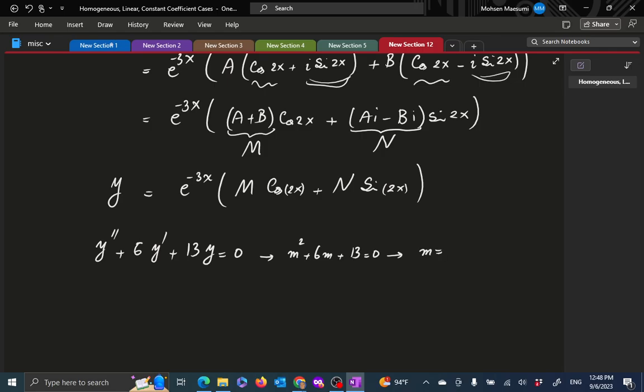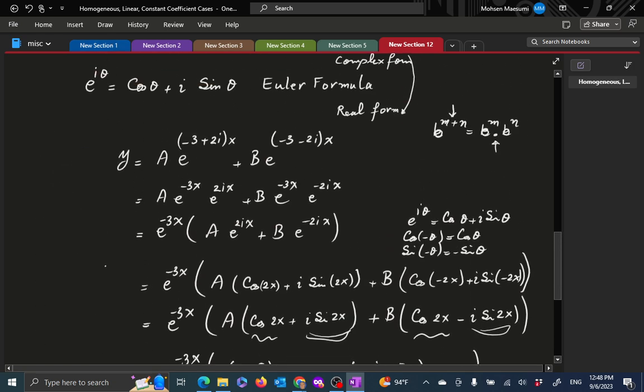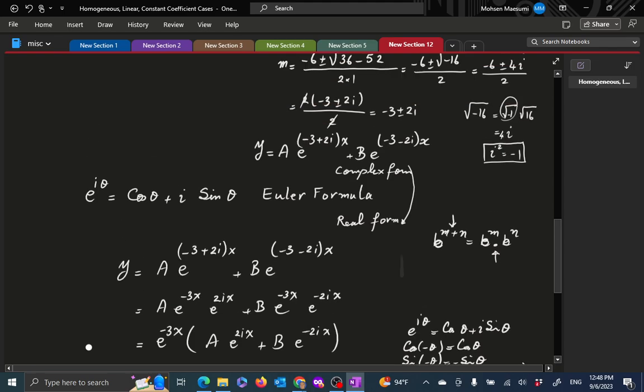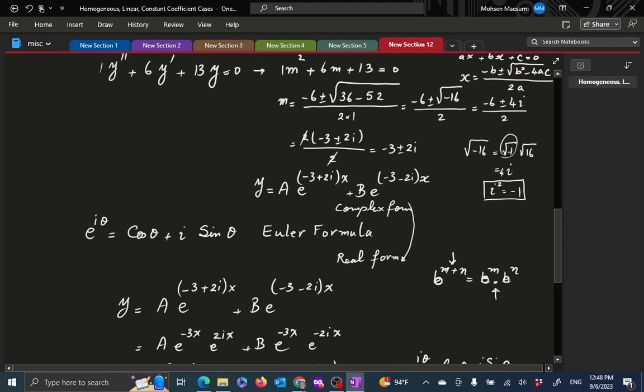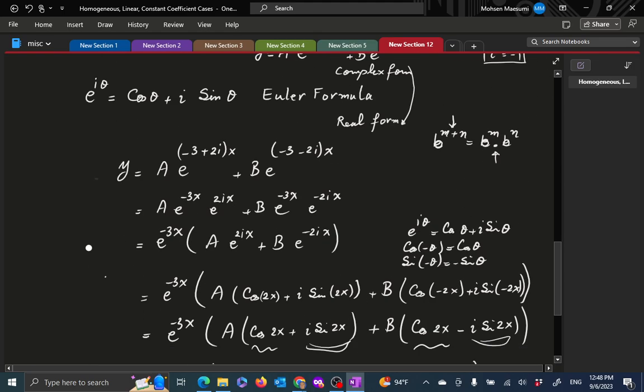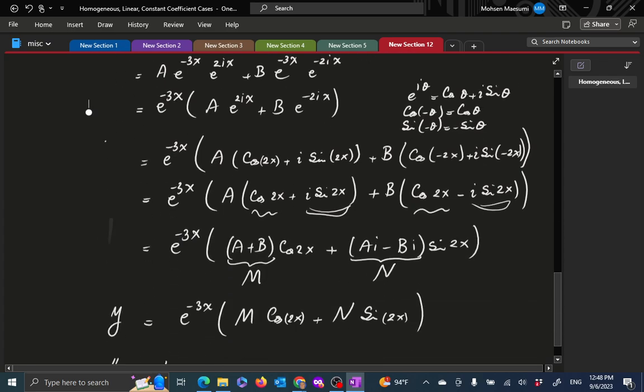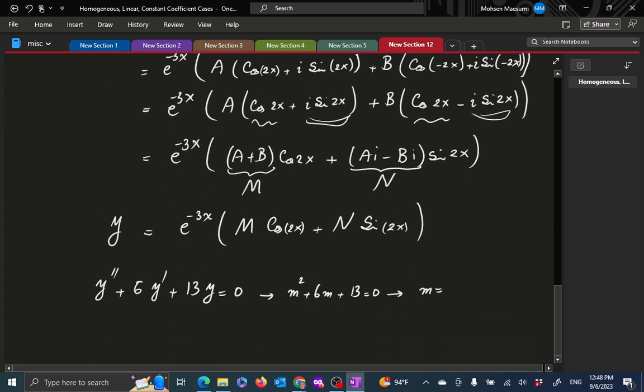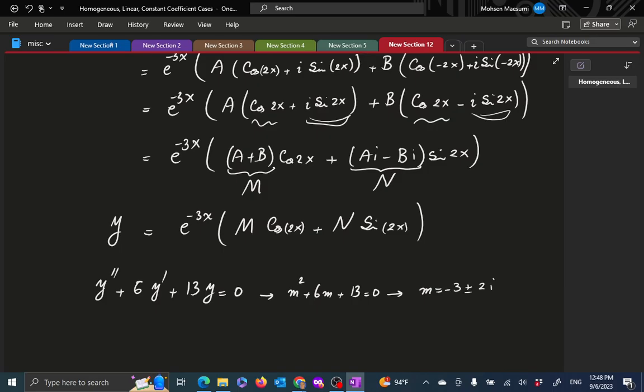Solve the auxiliary equation. So I got minus 3 plus or minus 2i.